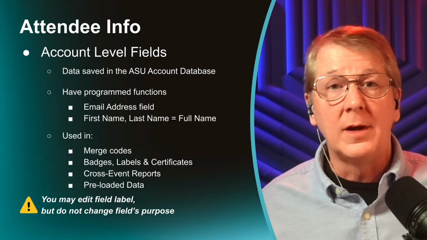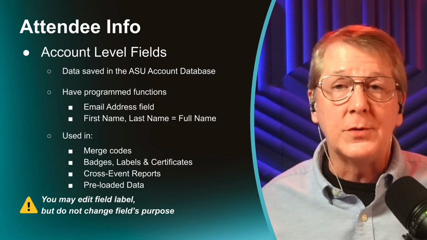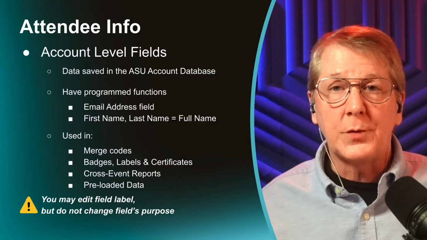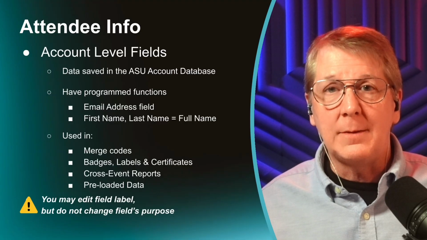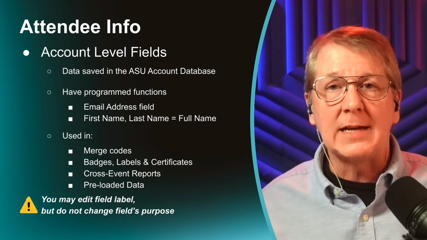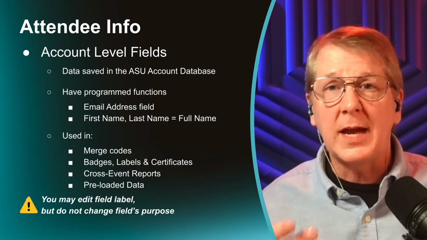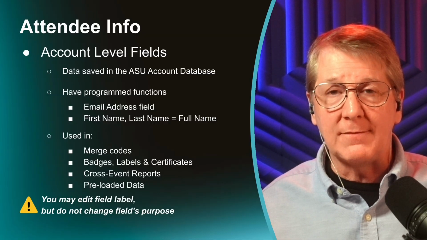Also, just be aware, there are additional features available in Stova that some people don't realize for reporting purposes or merge code purposes to display. There is a full name, I don't want to call it a field, but for lack of a better term, a field that is a combination of first name and last name. So you don't have to create a full name field for people at the event level.